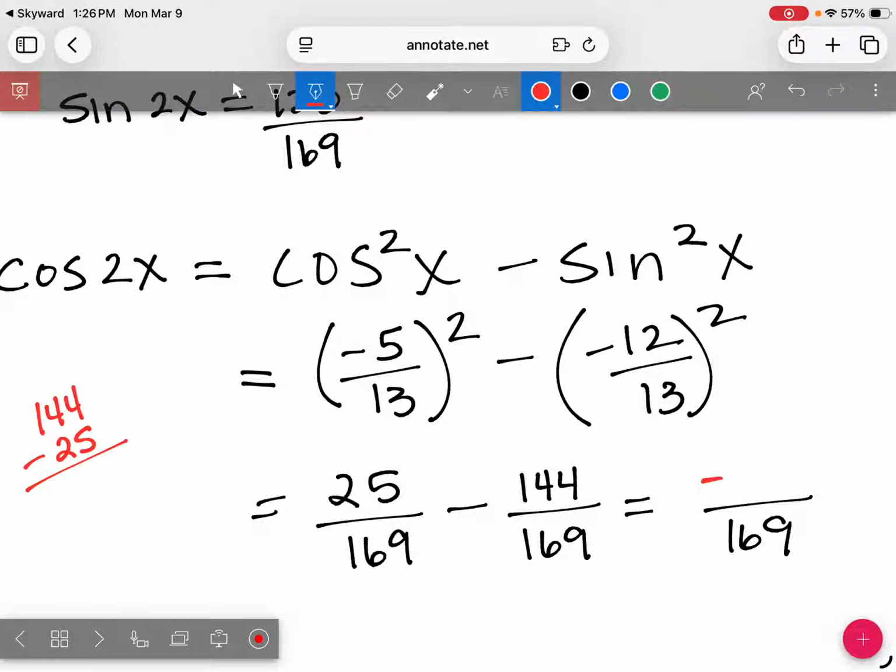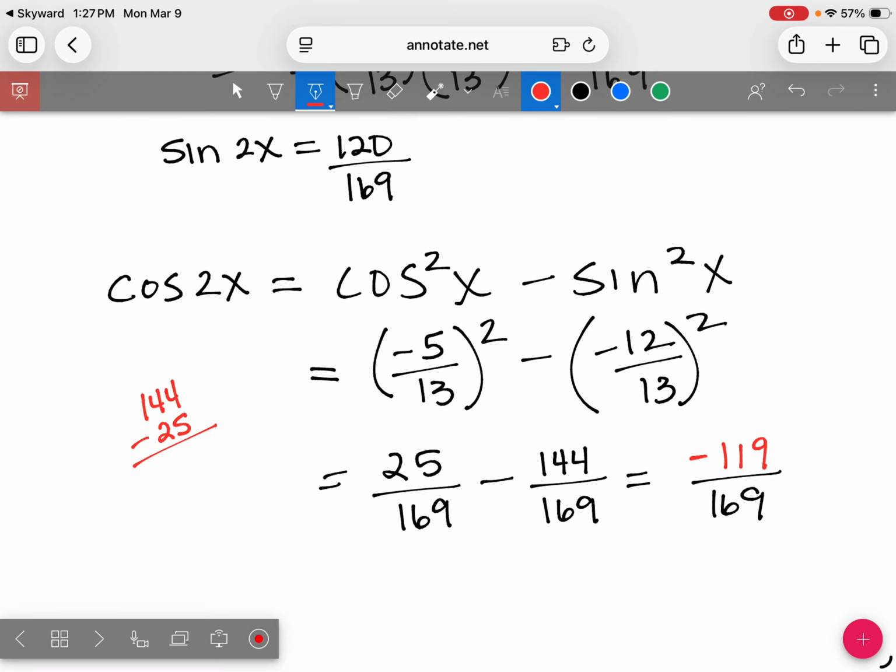Whenever you're subtracting, you always put the bigger number first. But just realize, though, if you're taking a bigger number away from a smaller number, your answer is negative. So I got 119. Anybody else?